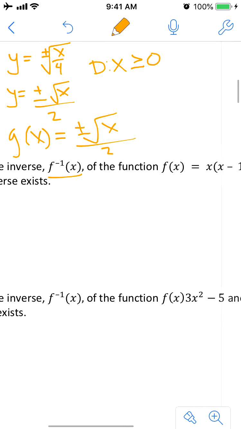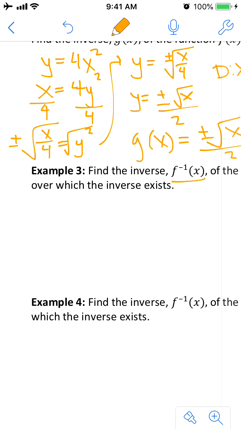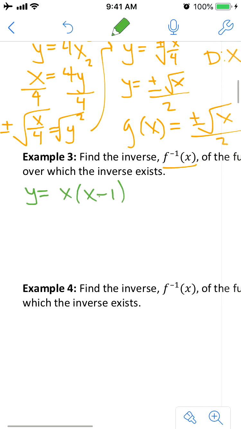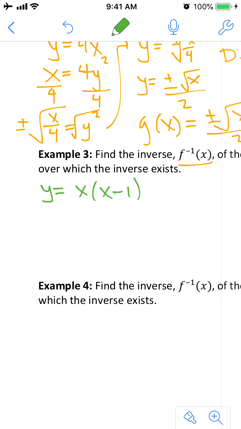So our original function, I'm going to rewrite as y equals x times x minus 1, instead of f of x, because I want to do that switch thing. So I'm going to change it to y for the time being. Just can't remember, again, to change it back. Now I will switch out. Every y becomes x, and every x becomes y.